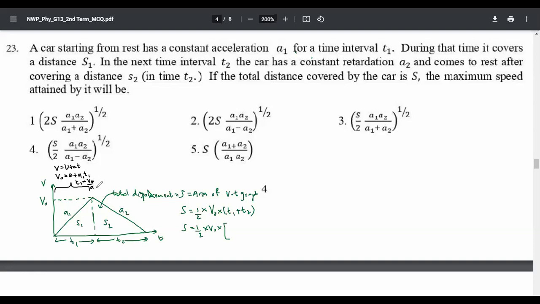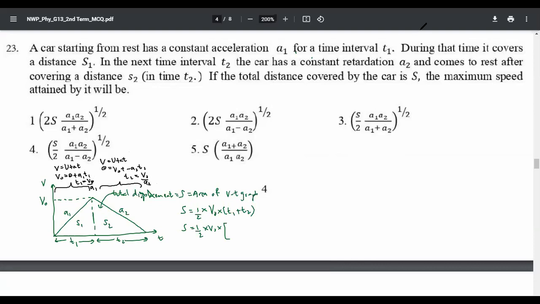Similarly for the other part, applying v equal u plus at, final velocity is 0, initial velocity is v0, and for retardation minus a2 t2. So you get t2 equal to v0 by a2. If not clear, velocity difference divided by acceleration will give you time.